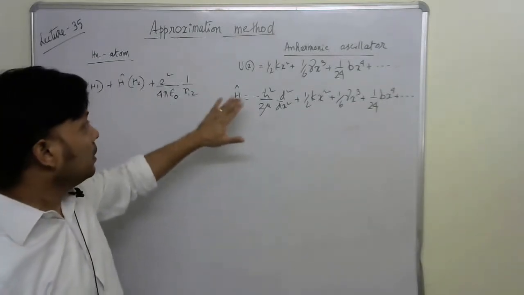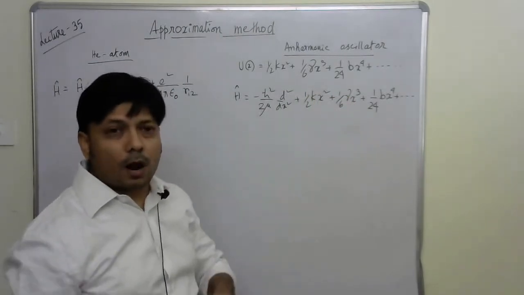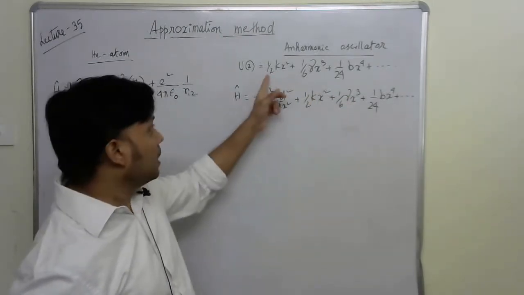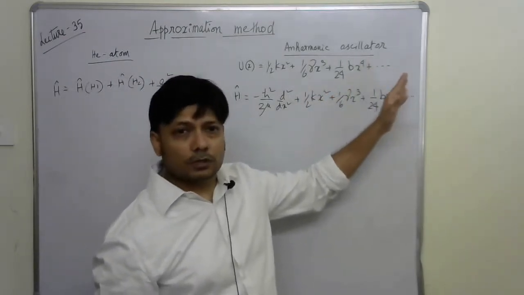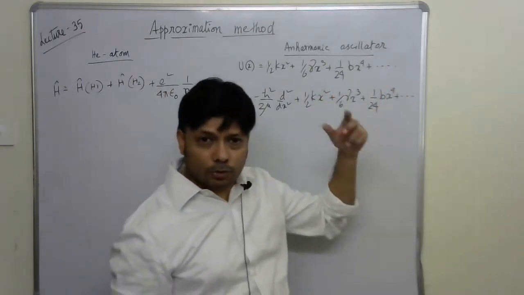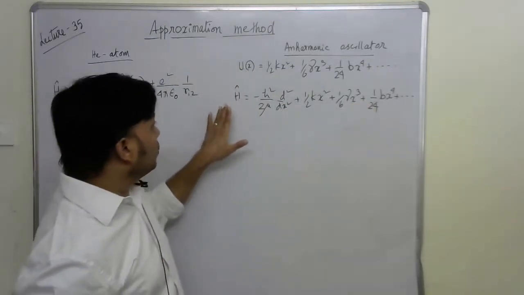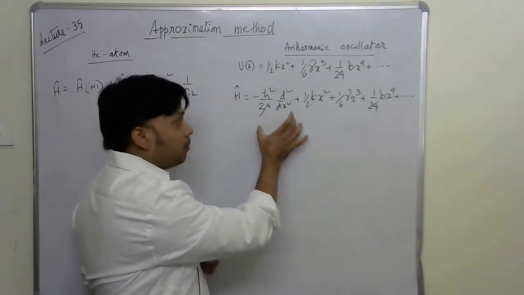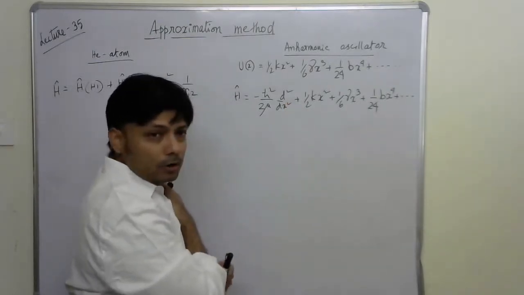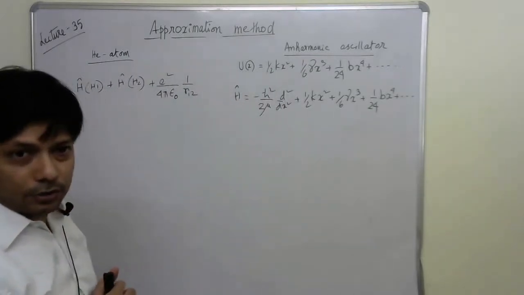Now you see the potential energy term for the anharmonic oscillator comes from a Taylor expansion series, and it takes up the form like this with further higher order terms like x to the power 5, x to the power 6, and so on. So therefore the Hamiltonian operator becomes the kinetic energy operator plus the potential energy operator. So all those terms now appear as the potential energy.